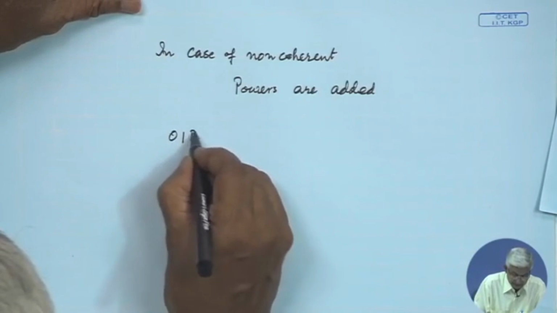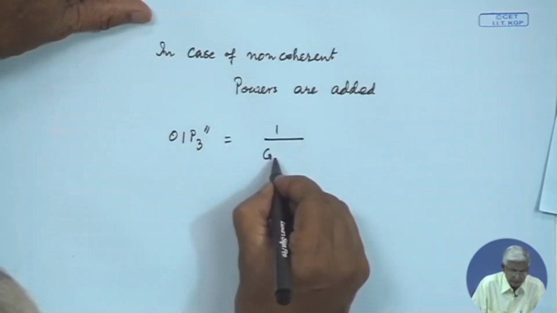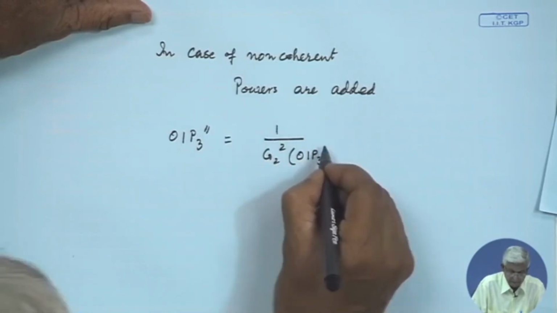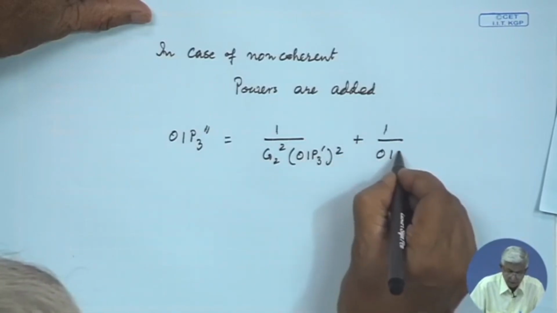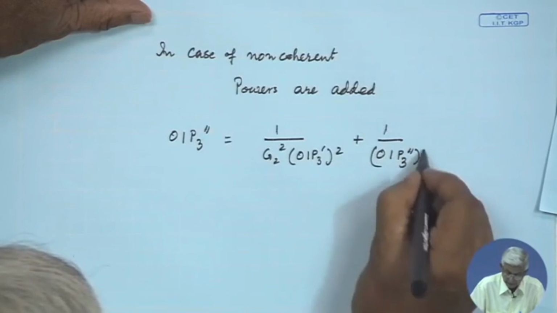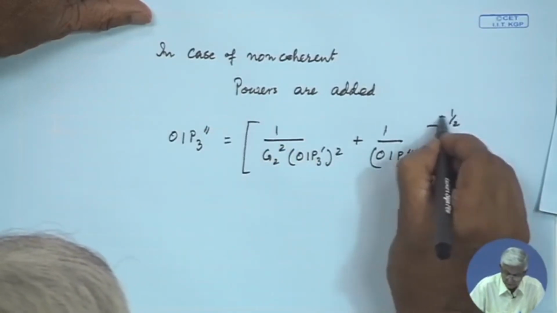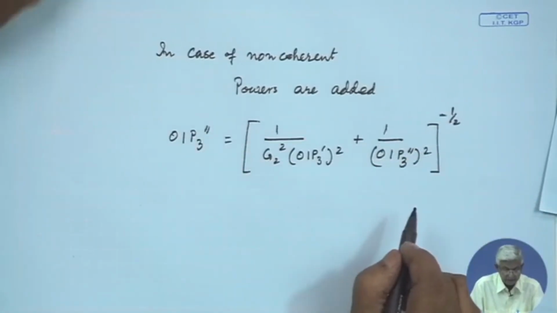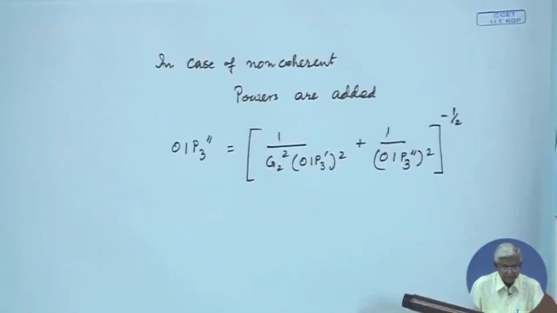Then in that case OIP3 double prime will become 1 by G2 squared OIP3 prime squared plus 1 by OIP3 double prime squared, and this is equal to the root of that. So, this is the expression, you can derive it yourself.